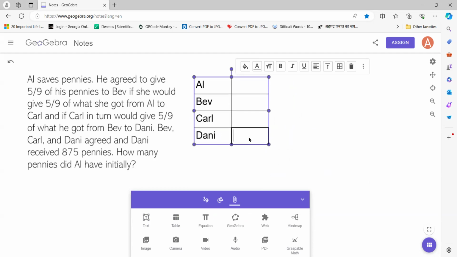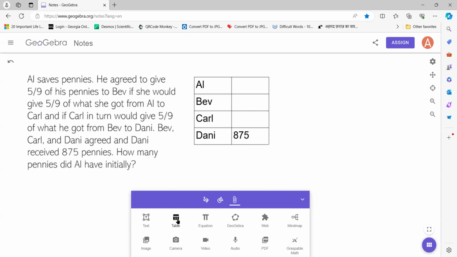I do know how many pennies Danny received. That's given, and that helps me a lot. Now, this must be 5/9 of the total number of pennies that Carl received.